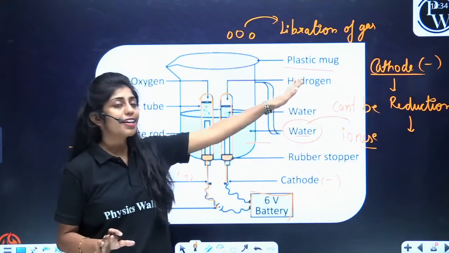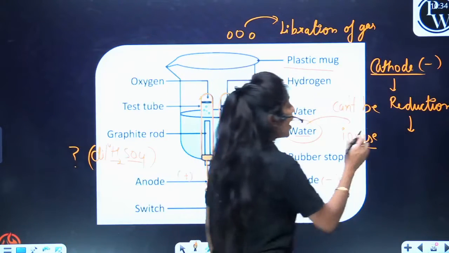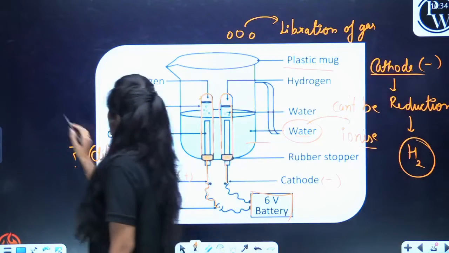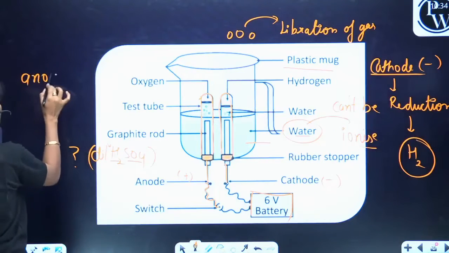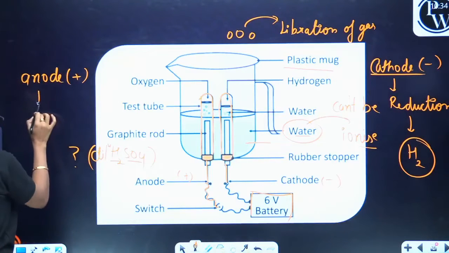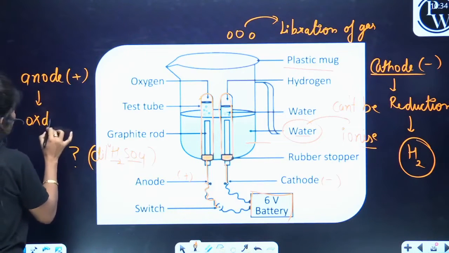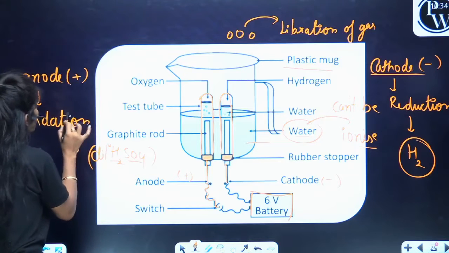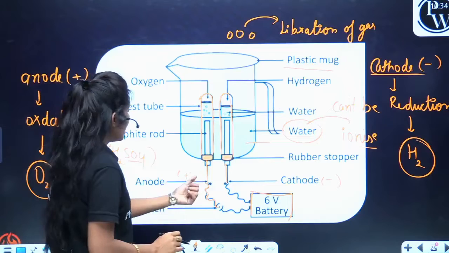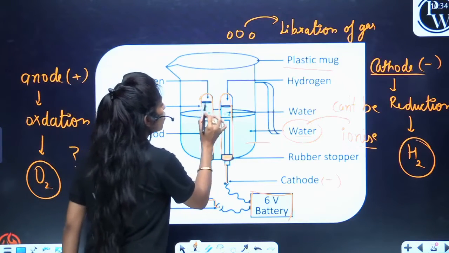So basically at the cathode reduction will take place and there will be liberation of hydrogen gas. And the anode is positive, and oxidation will take place and there will be liberation of oxygen. You can see the volume also.